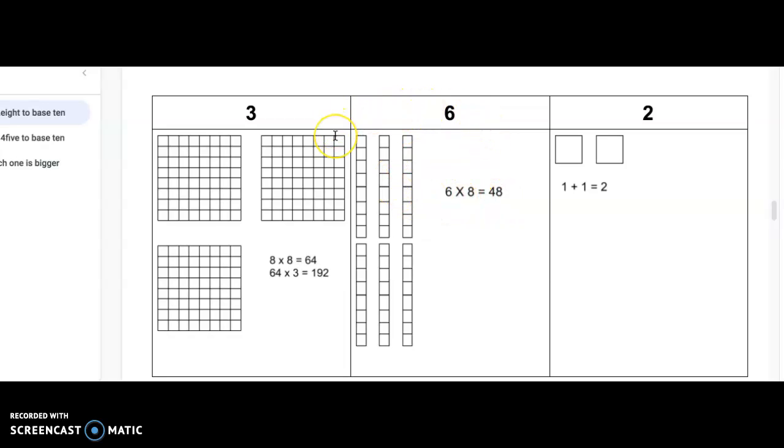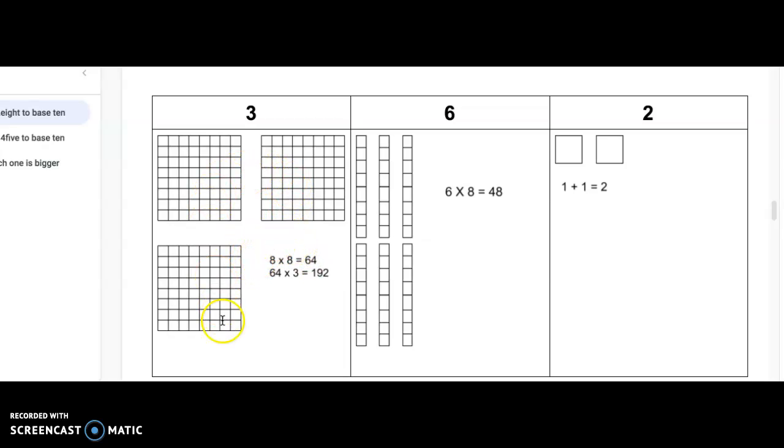And then moving up one more place value to your hundreds, you have 3 large cubes. And each cube is an 8 by 8. 1, 2, 3, 4, 5, 6, 7, 8 by 1, 2, 3, 4, 5, 6, 7, 8. So 8 times 8 is equal to 64.